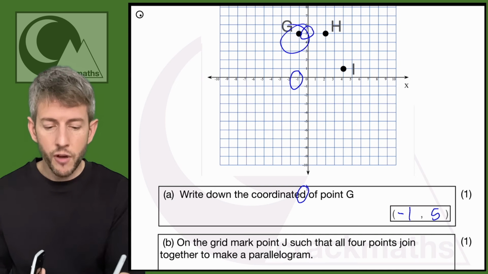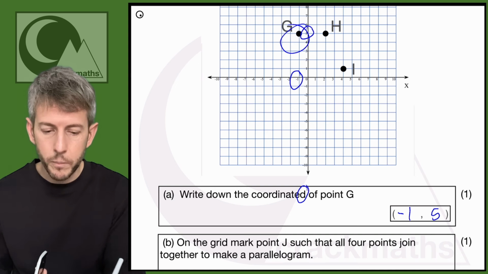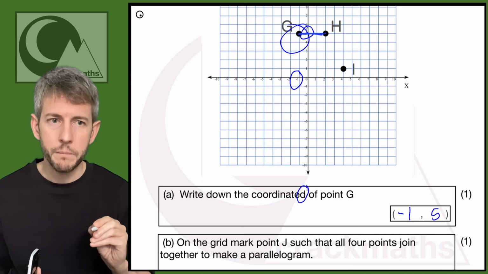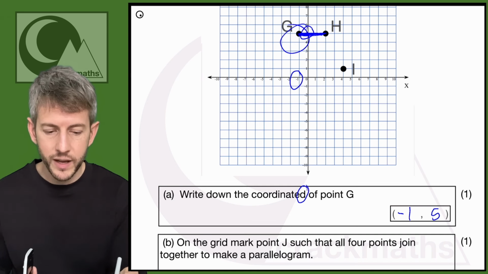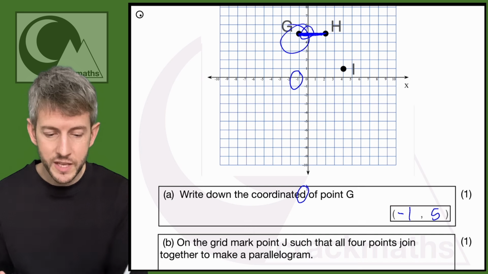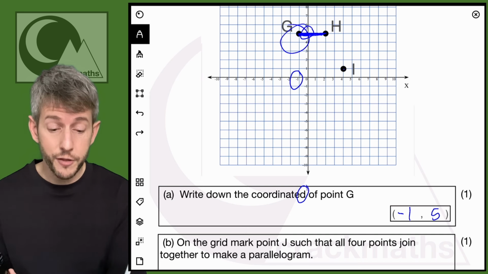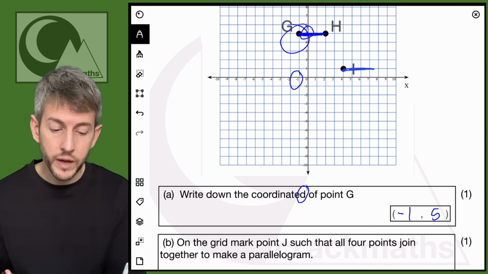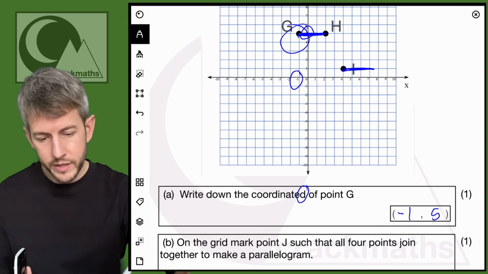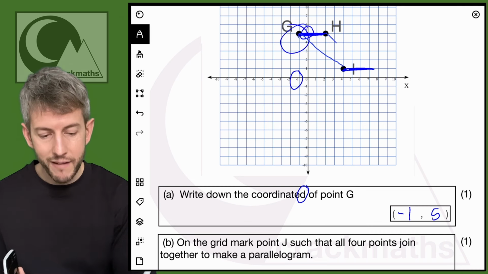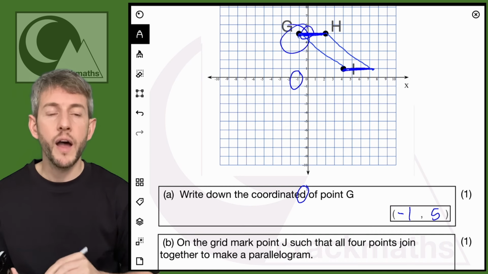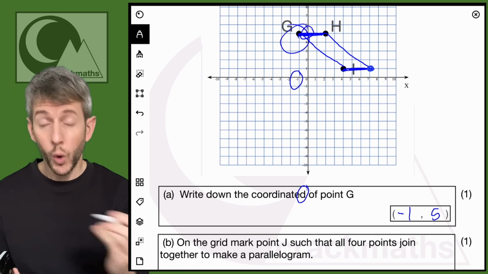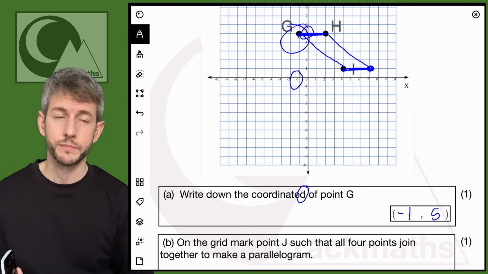So if I can see here that this is the top line of the parallelogram, that is 3 squares. So I've got options here. I could go 3 squares this way, or if I wanted, I could go 3 squares this way. And when I join these up, both of these shapes are a parallelogram. So I could make my point here, or I could have made it on the other side.